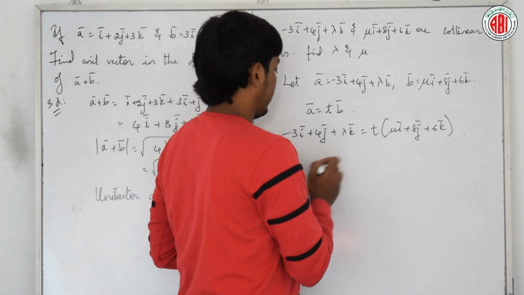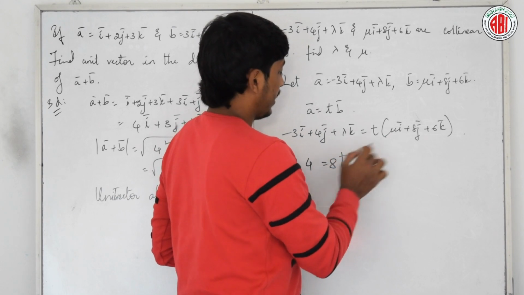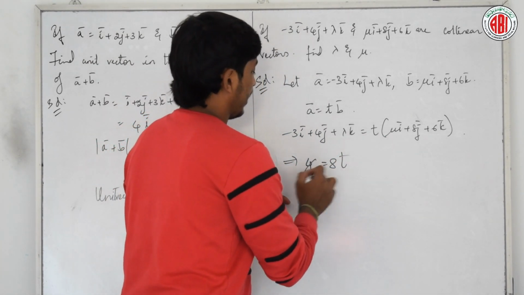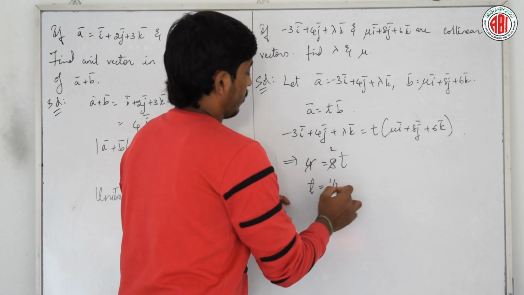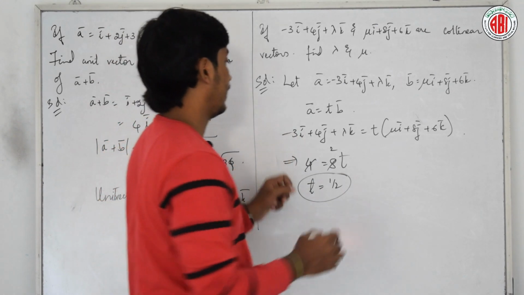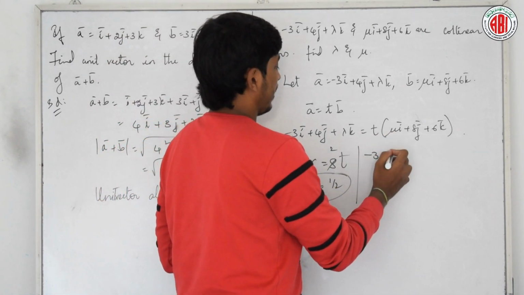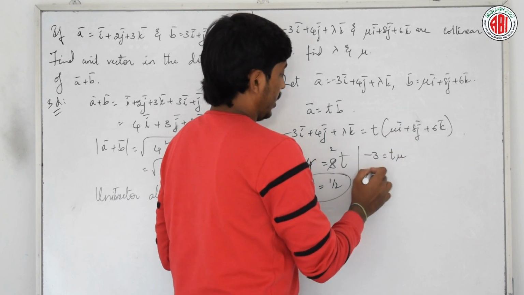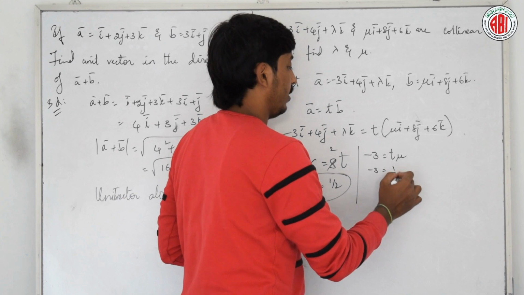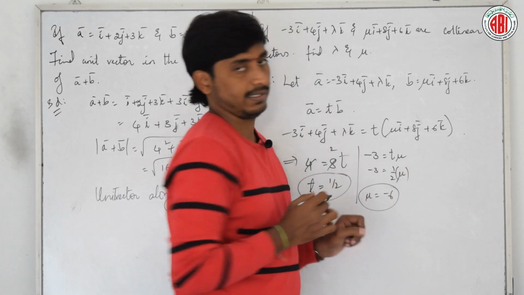Here the j coordinate is 4 and here the j coordinate is 8t. Let us substitute it. From this I will get t as 1 by 2. Next, let us take the i coordinate. Minus 3 is equal to t mu. Minus 3 is equal to, what is t, 1 by 2 into mu. Therefore mu is equal to minus 6.